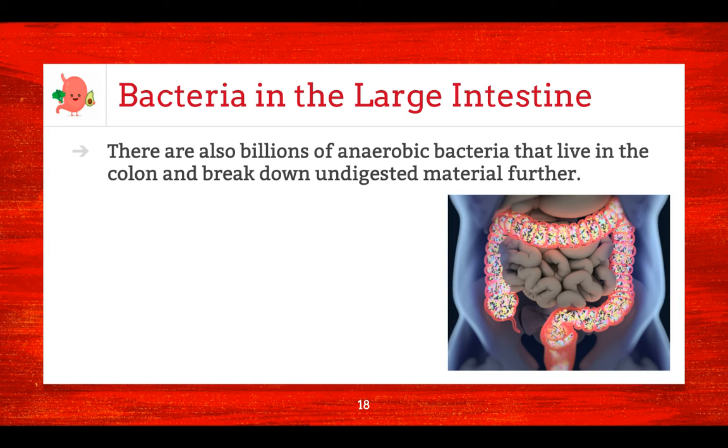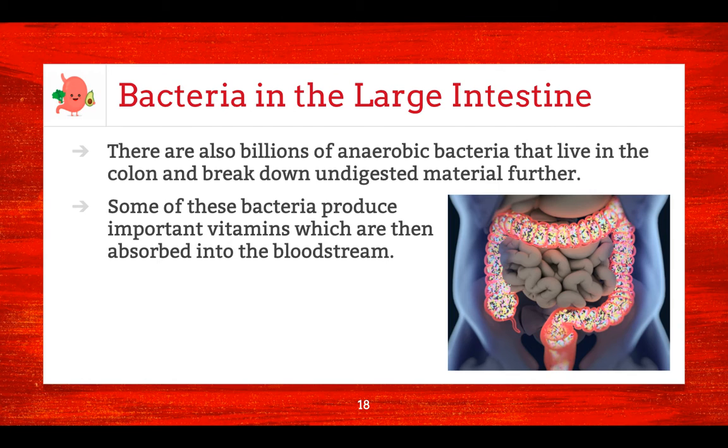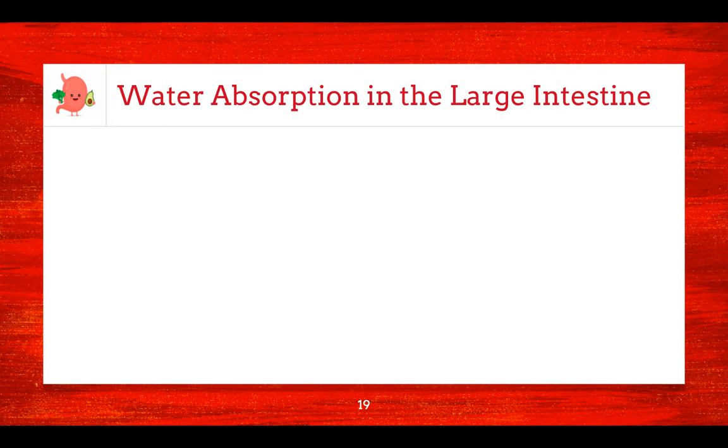So there are billions of anaerobic bacteria that live in the colon, and they help to break down undigested material further. And some of these bacteria produce important vitamins, which are then absorbed into the bloodstream. The main job of the large intestine is to absorb water.